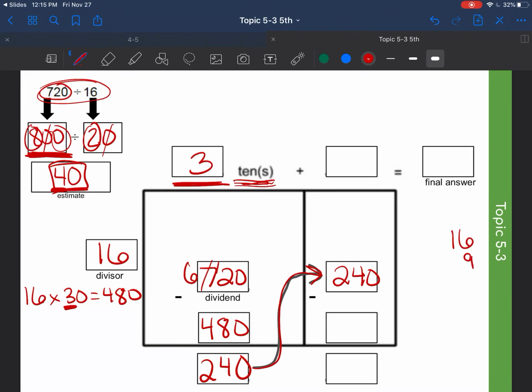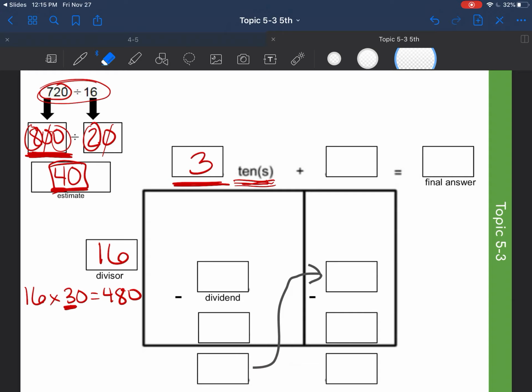16 times 9. That gives me 54, 9, 10, 11, 12, 13, 14. 144. Let's see, times 3, 6, 12, 18. 16 times 4.